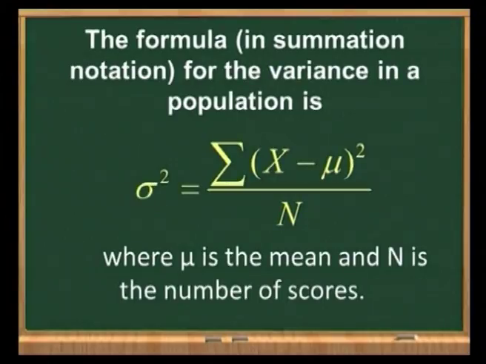The formula for the variance in a population is sigma squared equals the sum of (x minus mu) the whole squared divided by N, where mu is the mean and N is the number of scores.